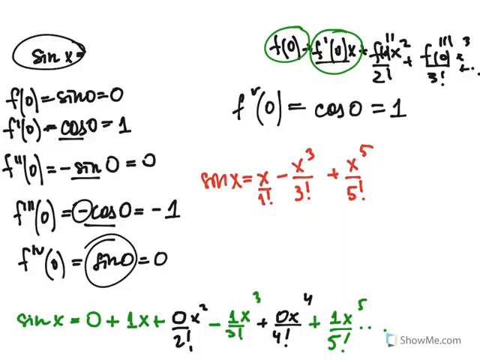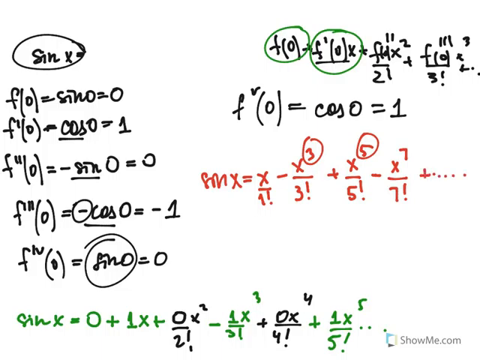And then you skip 1 because you get 0 at some point. So can you tell what's going to happen next? And it alternates the sign, negative, plus, so it's going to be negative. And then it's 3, 5, so that would be x to the 7th over 7 factorial, and so on.